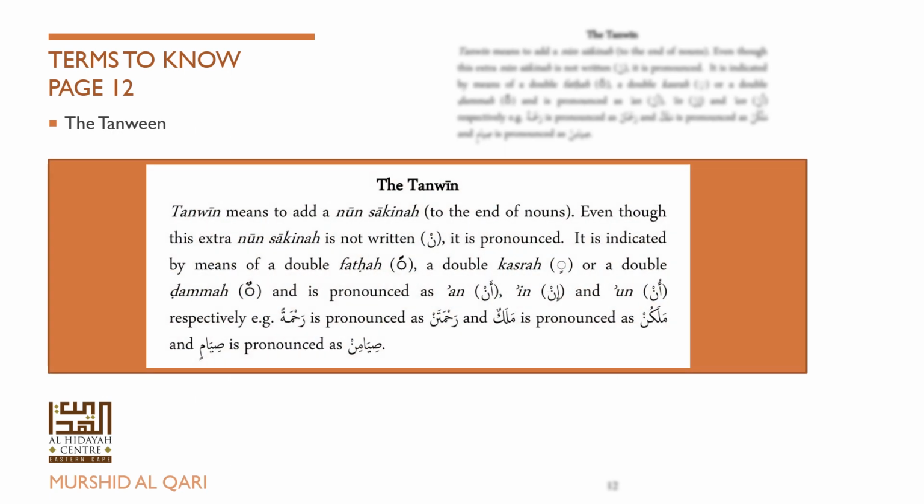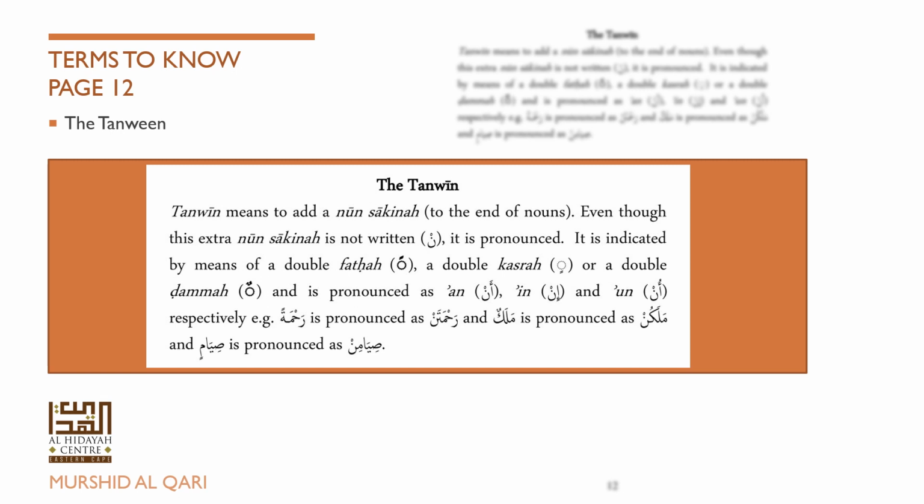The tanween. Tanween means to add a noon sakina to the end of nouns. As we know in Arabic, when you learn the nouns, they always end with un. Kitabun, maktabun. So they're always ending with tanween.